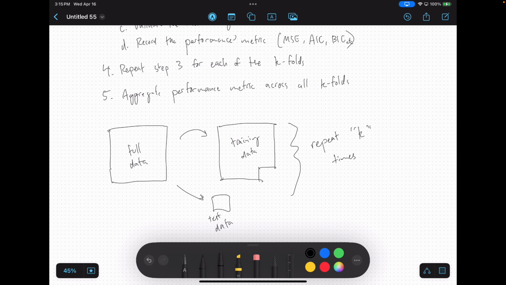Yes, that's right. So think of, let's say I had x1, x2, and x3 as my possible explanatory variables.